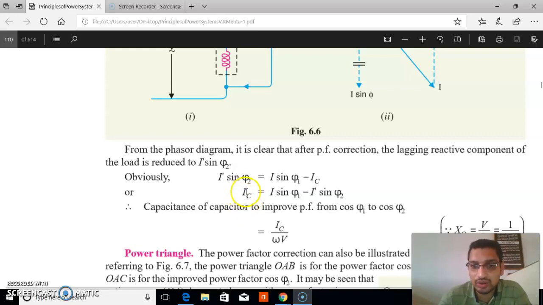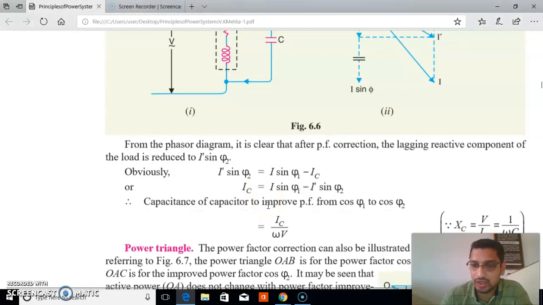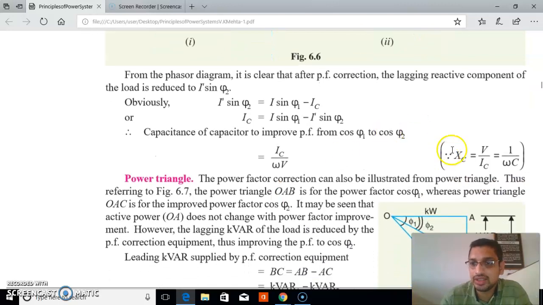Once we know the IC value, we can calculate the capacity of the capacitor, because XC, the reactance of the capacitor, equals V by IC. That is equal to 1 by omega C, or 1 by 2 pi F C, where omega is 2 pi F, F is the frequency, and C is the capacitance.